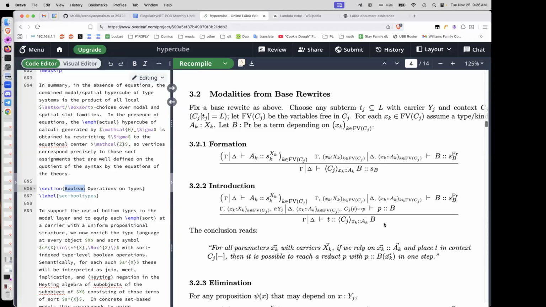Now, usually types are talking about the shape of data being passed around, but this talks about the behavior of the program terms being passed around. So we can ask for things that do a certain thing rather than things that accept data of a certain shape.